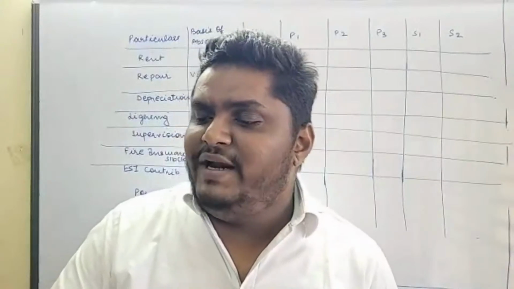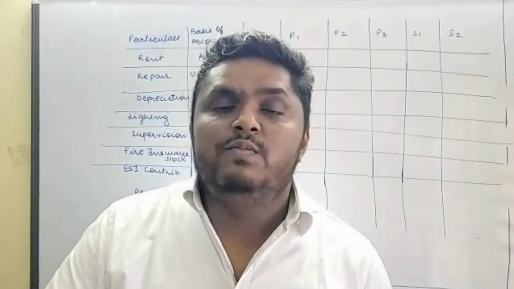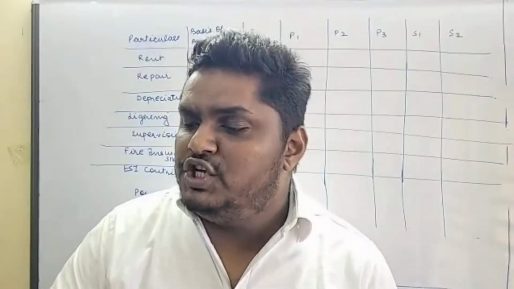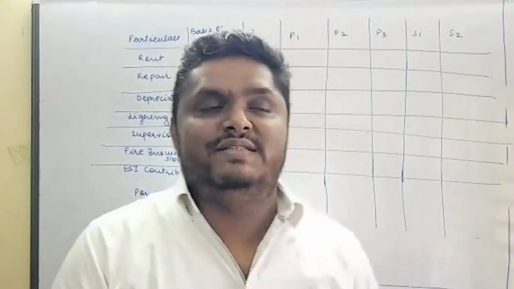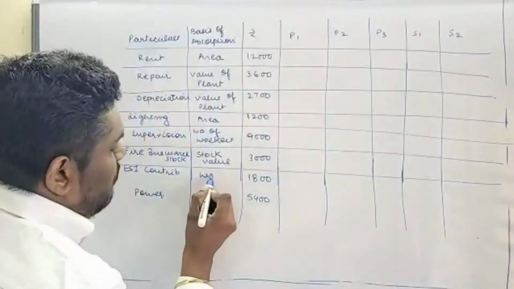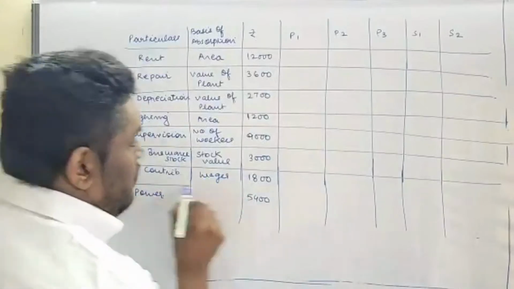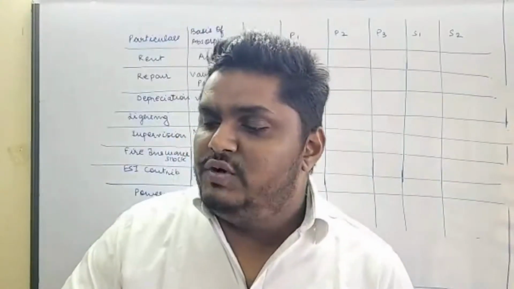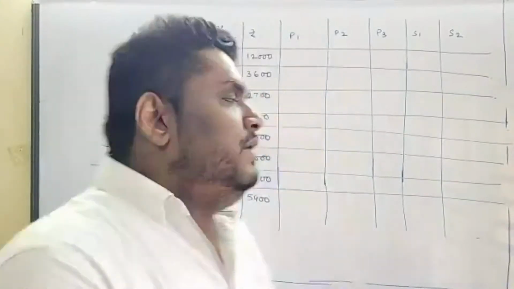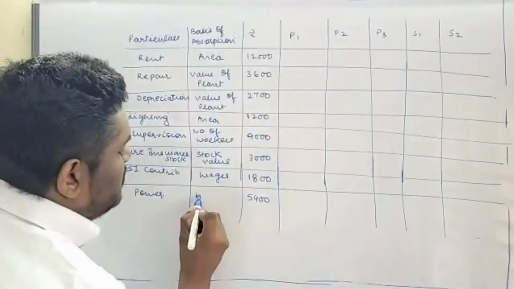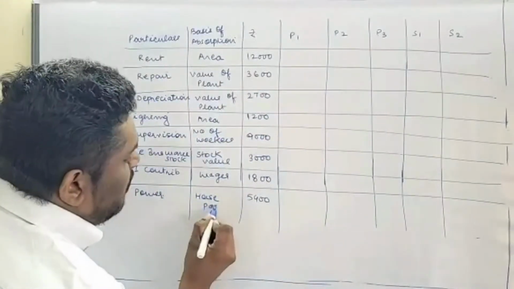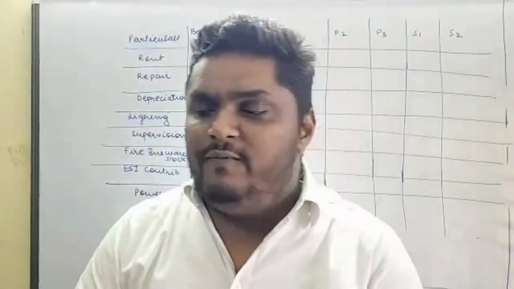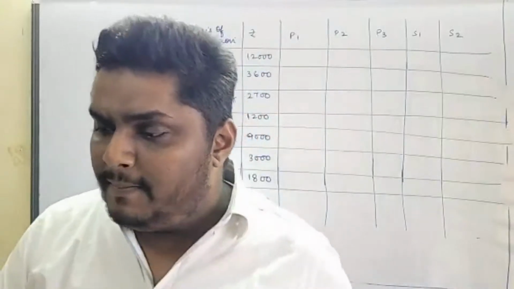Apart from this, PF and ESI contribution is more or less related to wages paid to the employees. So ESI contribution shall be distributed on the basis of wages. As far as power is concerned, information is given as regards horsepower. So we can easily distribute power cost on the basis of horsepower. If you guys have any queries as far as the identification of base is concerned, you can ask me.